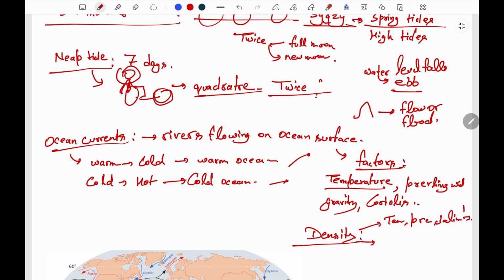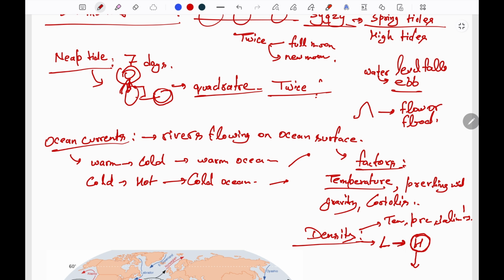Now, the surface ocean currents move from the region of low salinity to high salinity. And why so? We have learned that the water which has high density, or which is more saline, will sink down to the bottom, and there will be a void formed here, due to which the gradient is from low to high density.